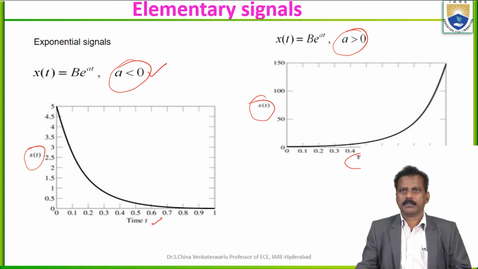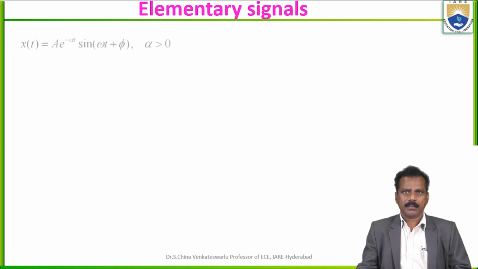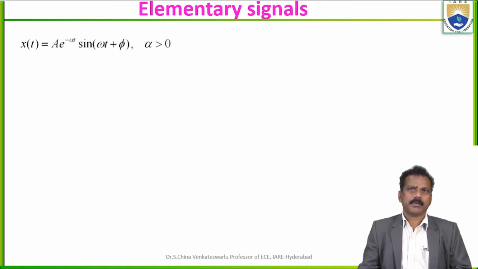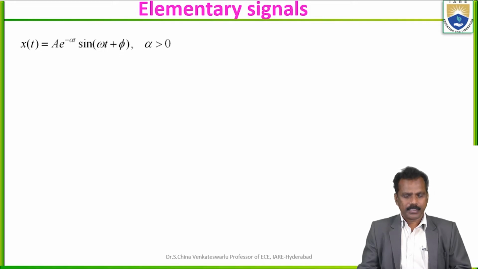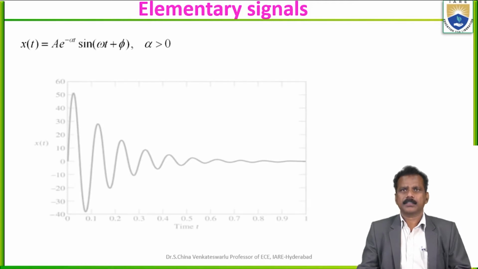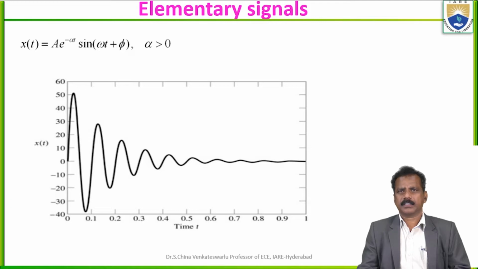Here we can consider x of t equal to a into e power alpha t sine of omega t plus pi, where alpha is greater than 0. So we can consider t versus x of t, and now we verify the x of t value.